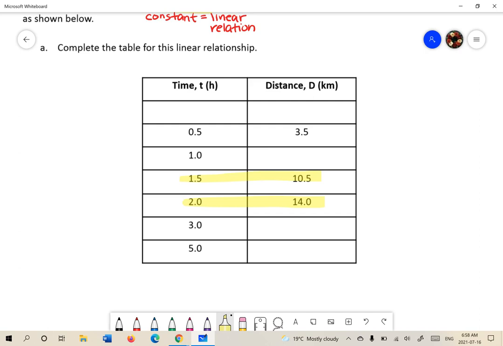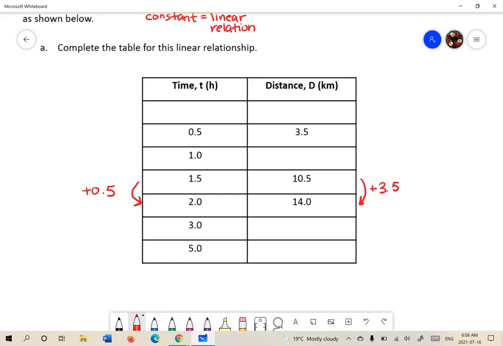So I'm going to work with these two. From this X value to the next, X is increasing by 0.5 and my Y is increasing by 3.5. So when X is increasing by 0.5, Y is increasing by 3.5. That's the relationship, so I can use that now to complete some of the other rows.